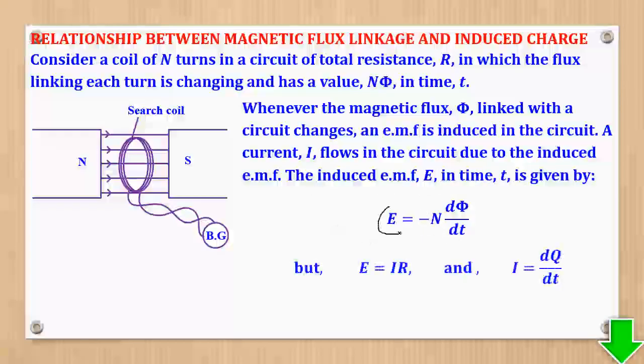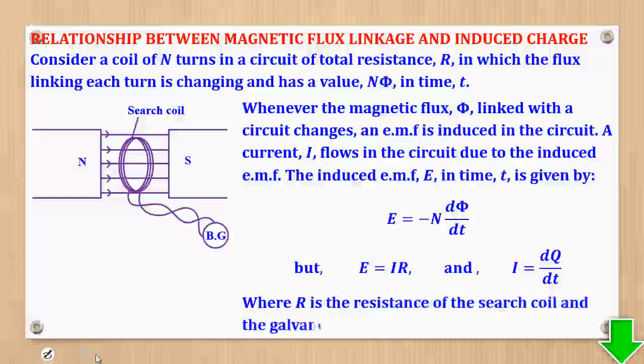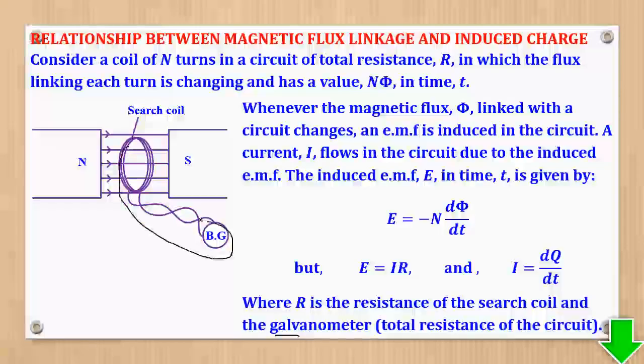But E is given by IR, if I know the resistance and the current, and I know that current is dq/dt, rate of flow of charge. So I can substitute, where R is the resistance of the coil and the galvanometer, the whole of this resistance is what we call R, total resistance.